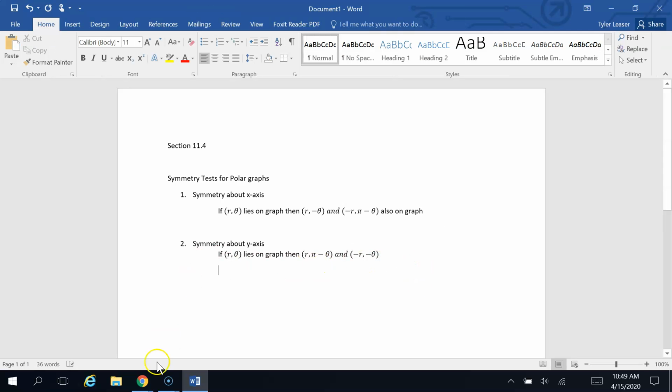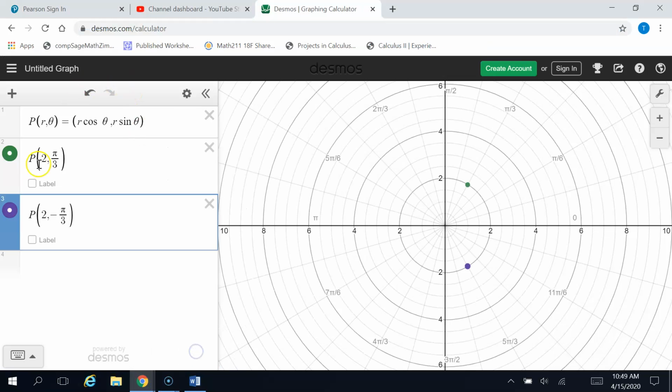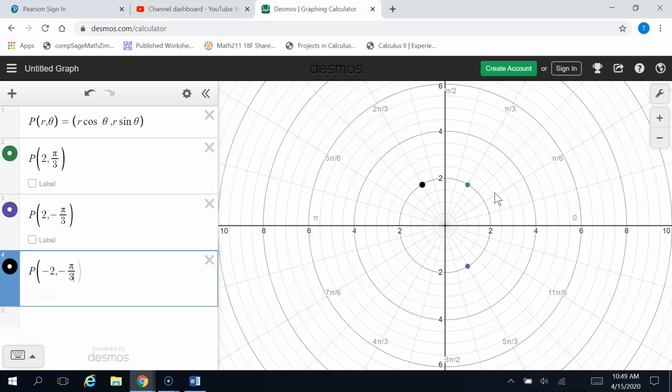All right, so we're going to go back over to Desmos and show this one. Again, looking at this point (2, π/3), the green one here, if I wanted to graph something that is symmetric to the y-axis, maybe I would graph (−2, −π/3). Cool. So if I make both the r value and the theta value negative, it graphs this black point right here. So you have to be a little bit careful about how you go about graphing this one.